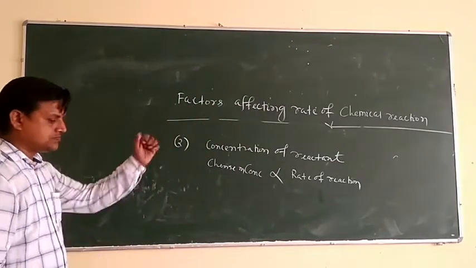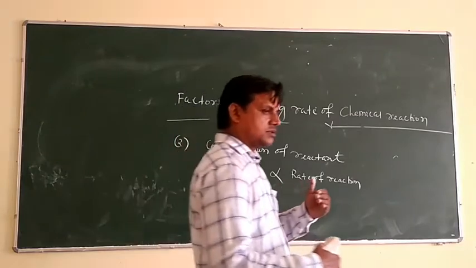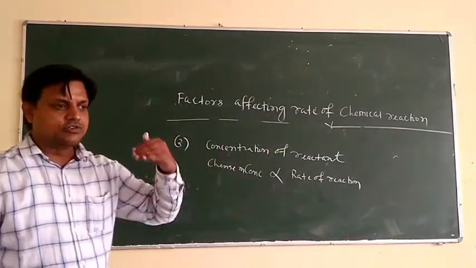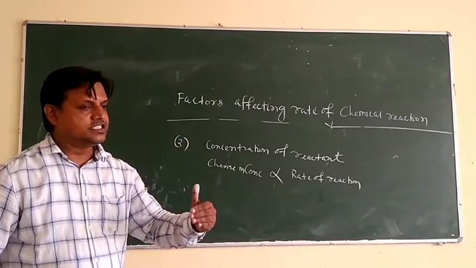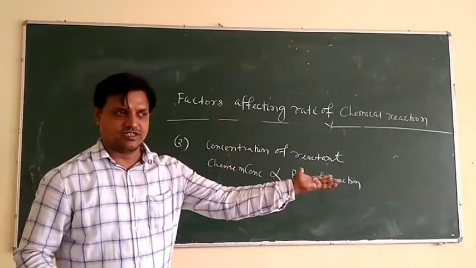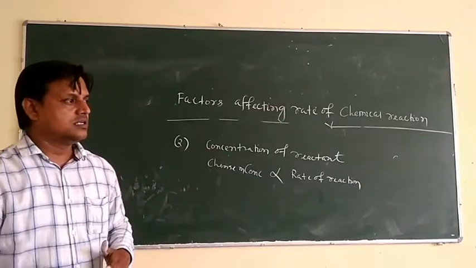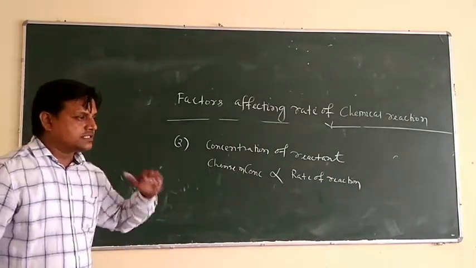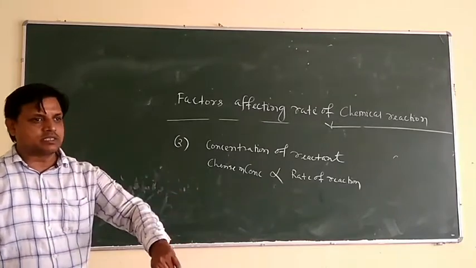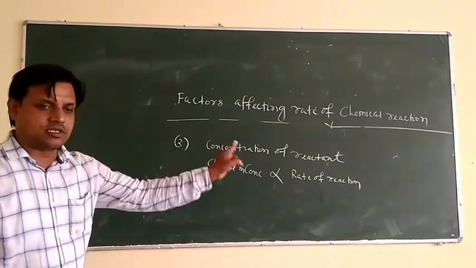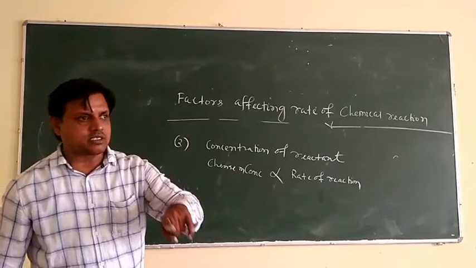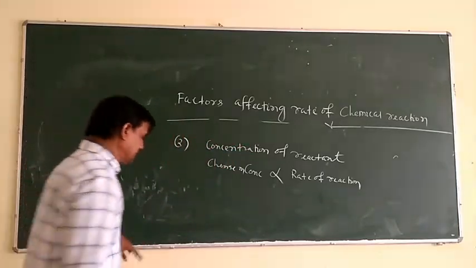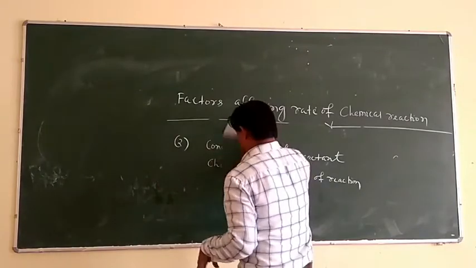Okay. So with increase in the concentration of reactant, in other words, rate of reaction is increasing. So increasing the concentration of reactant increases the rate of the reaction. Similarly, decreasing the concentration of reactant decreases the rate of the chemical reaction. Okay. Number 3 parameter.